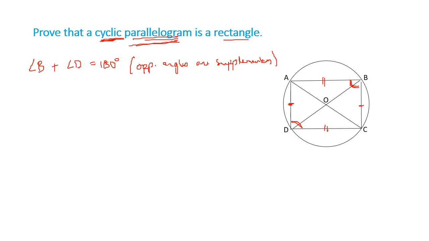It's given to us. So what does parallelogram mean? This side and this side is parallel, right? So what happens when these sides are parallel? Because these sides are parallel, this angle and this angle will be equal.